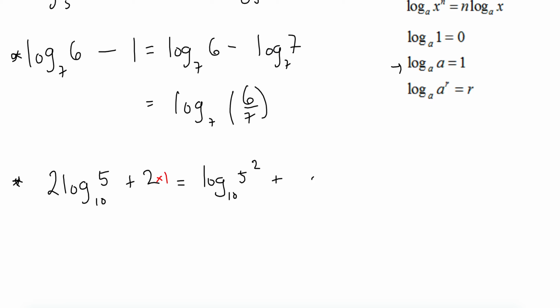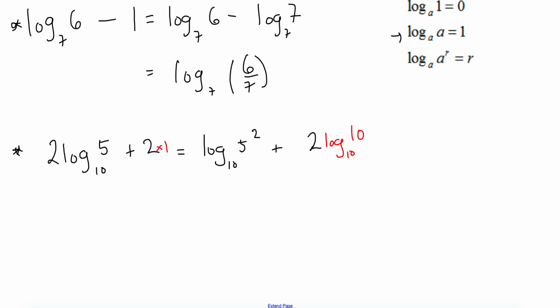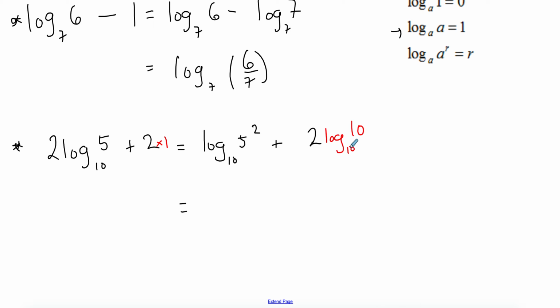Since I have a base 10, I'll pick base 10, so this is 2 times log base 10 of 10. Then I'm going to use the same rule that I did here, where I change the coefficient to the power. So I'm going to have log base 10 of 5 squared plus log base 10 of 10 squared. You could have done this in your head if you wanted to, because 10 to the power of 2 would be 100.